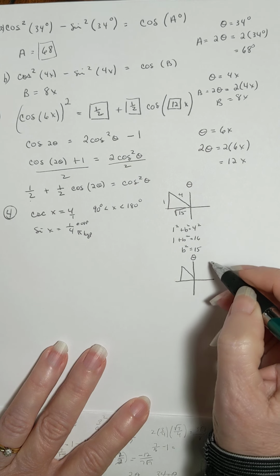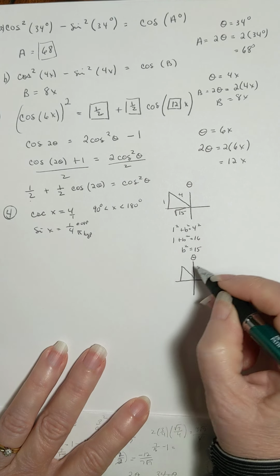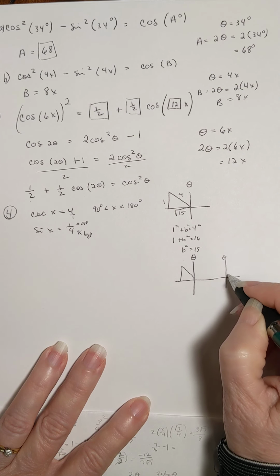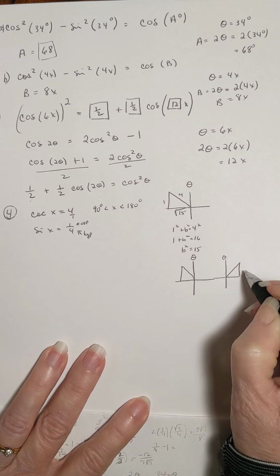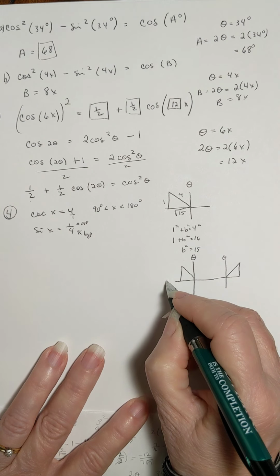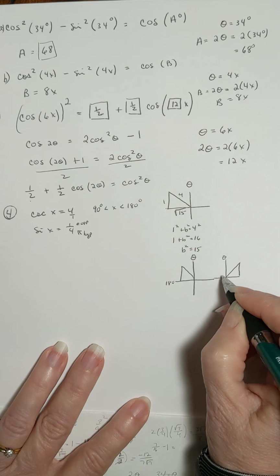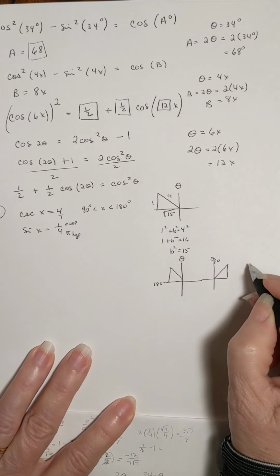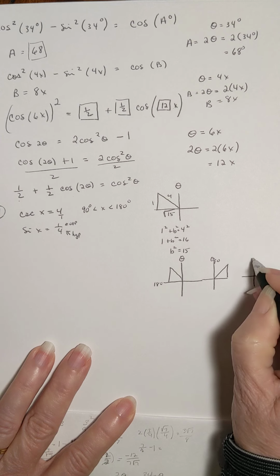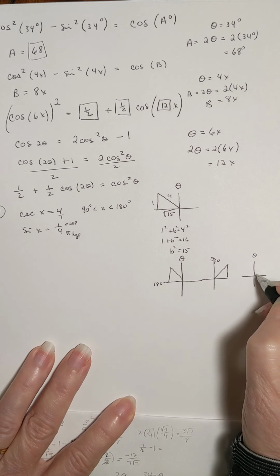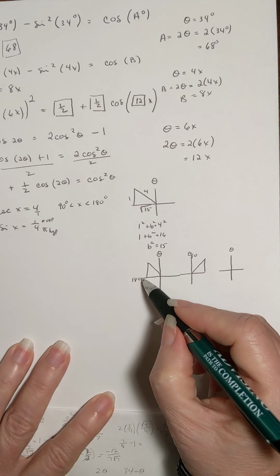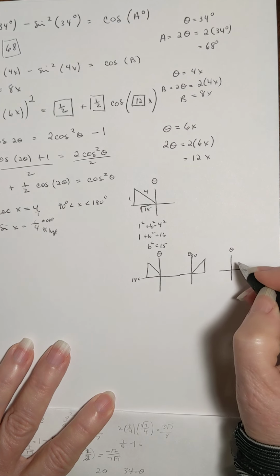All right? Now, let's recall that when you're doing the half angle formulas, if theta is in the second quadrant or the first quadrant, when I take half of these angles, remember this is 180 and this is 90. So if I take half of 90, theta over 2 would be less than 45. And if I take half of 180, I get 90.